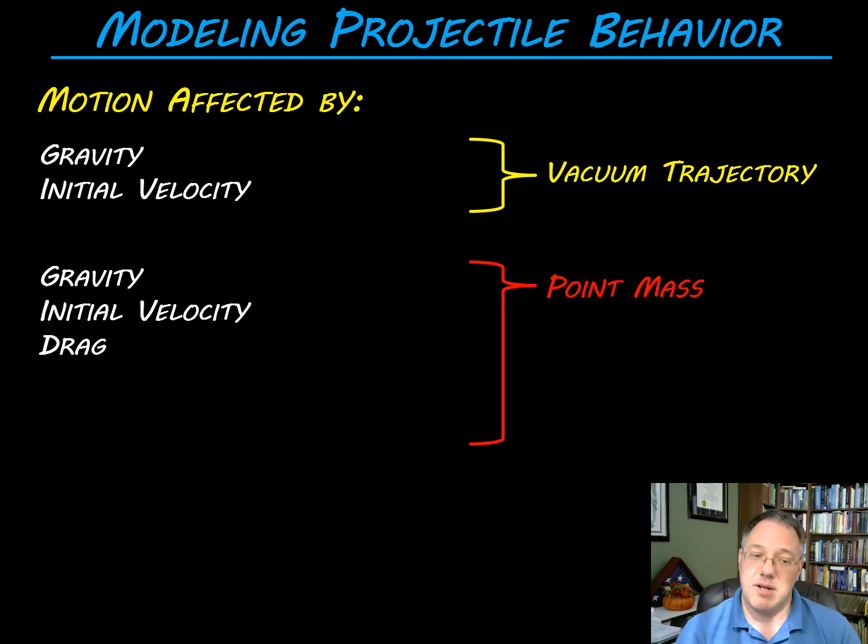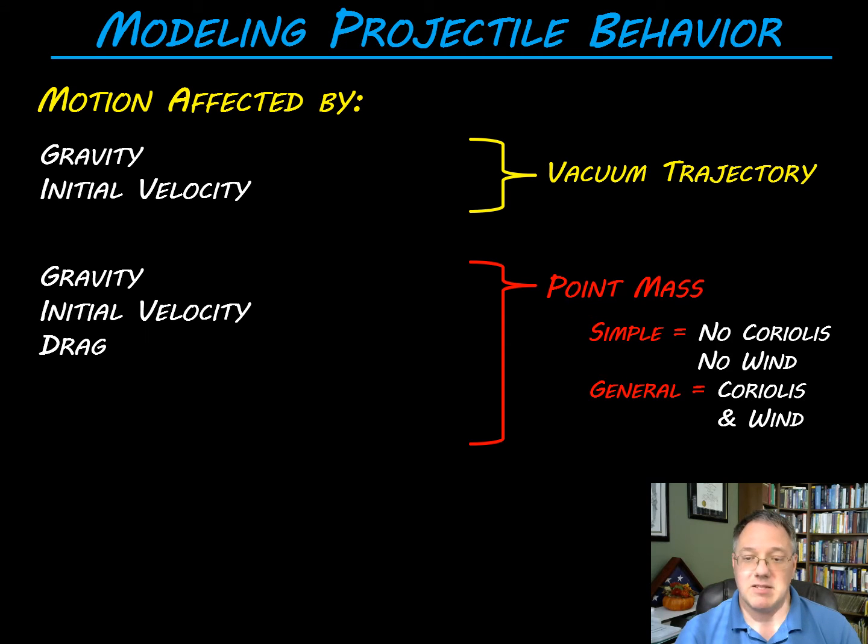We're accommodating drag, that we are in air, not in a vacuum anymore, but we're just dealing with it as a point mass. Now, if it's a simple point mass model, that means we have no Coriolis effects and no wind. And if it's a generalized point mass, then we're including the effects of Coriolis and wind in our model.